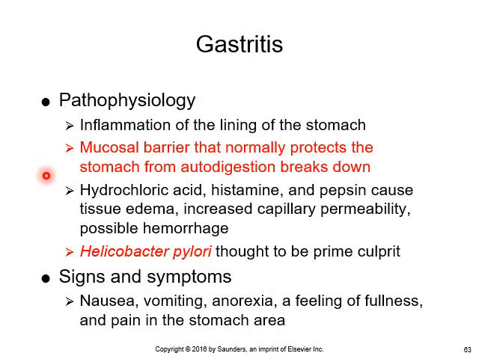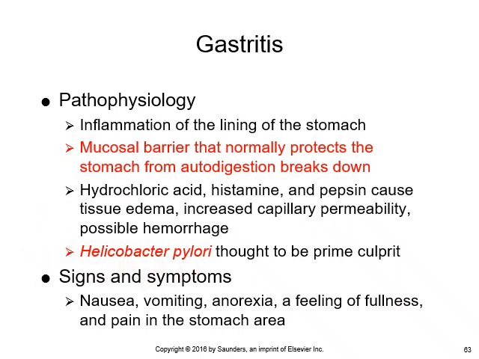Gastritis is the inflammation of the lining of the stomach, and this happens when the mucosal barrier that normally protects the stomach from autodigestion breaks down, and then the hydrochloric acid is acidic, so it can cause that inflammation of the stomach. H. pylori, or Helicobacter pylori, is thought to be the prime culprit.